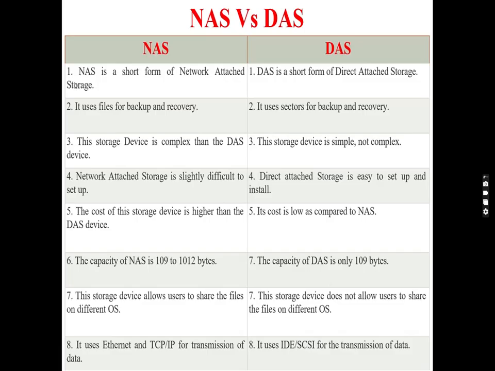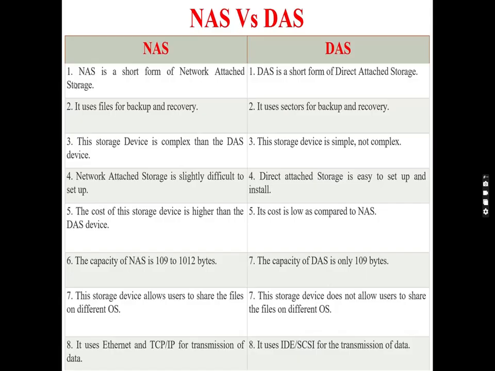Now we'll see the comparison between NAS and DAS, that is network attached storage and direct attached storage. NAS is the short form of network attached storage, and DAS is the short form of direct attached storage. NAS uses files for backup and recovery, whereas DAS uses sectors for backup and recovery.